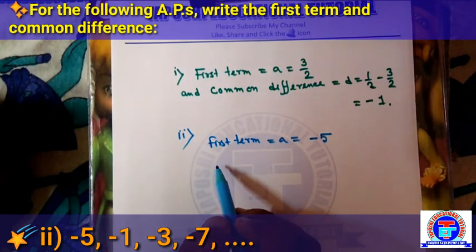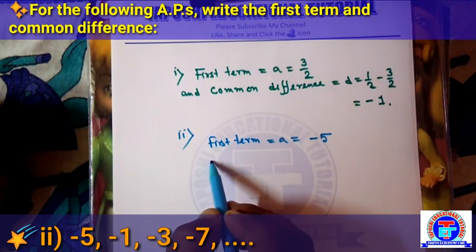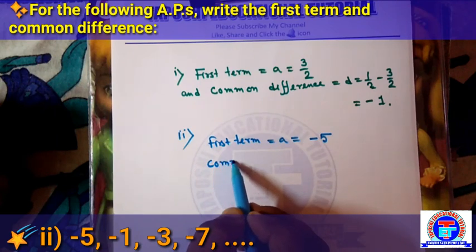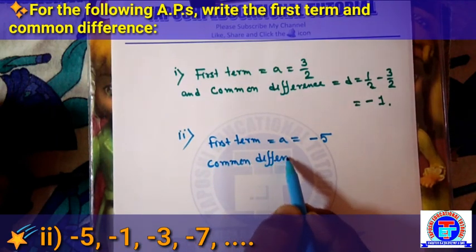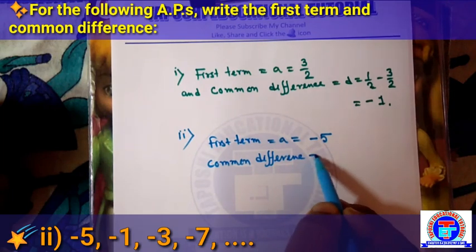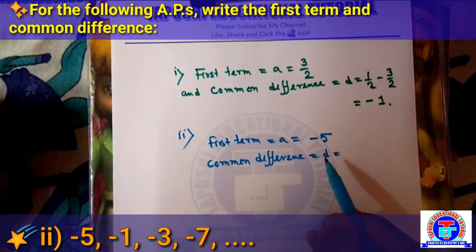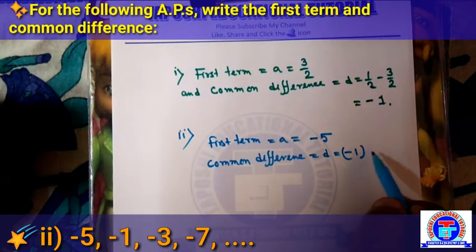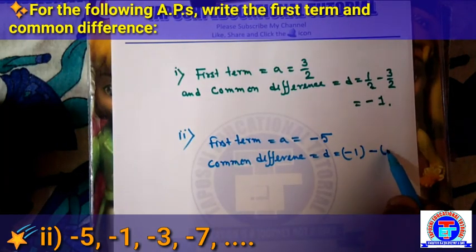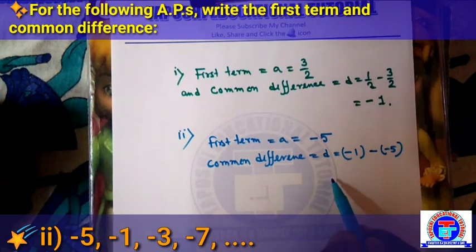And common difference is equal to D is equal to minus 1 minus 5.